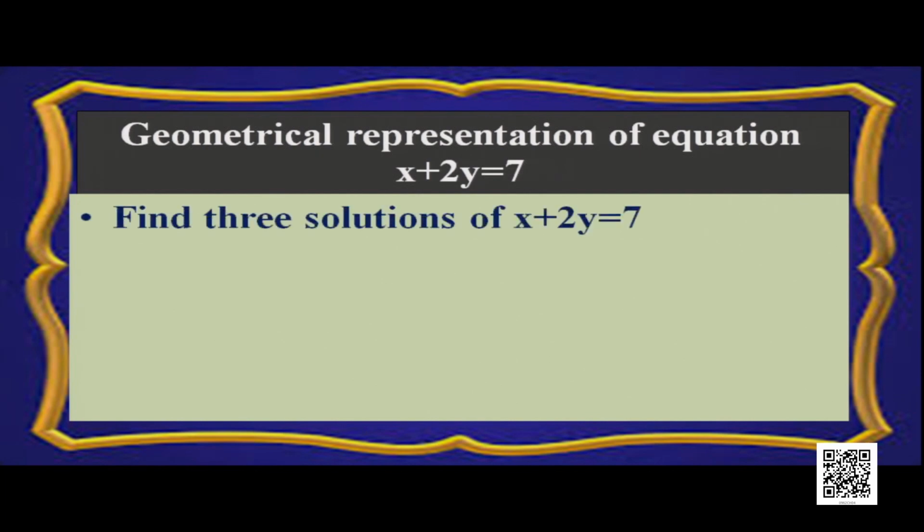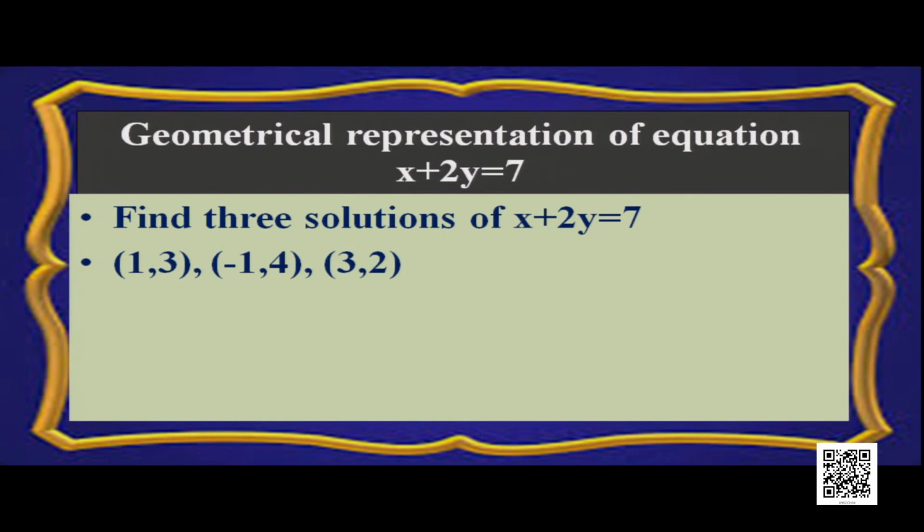We have to find three solutions of x plus 2y is equal to 7. For example, (1, 3), that means if you put the value of x as 1 and the value of y as 3, we will get its value to be 7. So (1, 3) is one of its solutions.